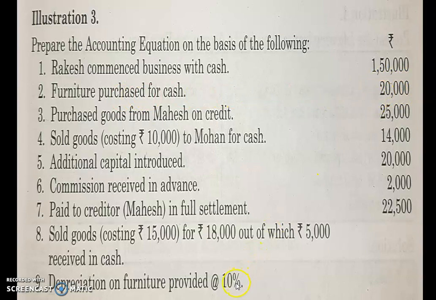On that, 10% decrease means how much decrease? 2,000. Because this 2,000 is your loss, you have to reduce it from your capital, and also from your furniture. So this is the summary of this question.